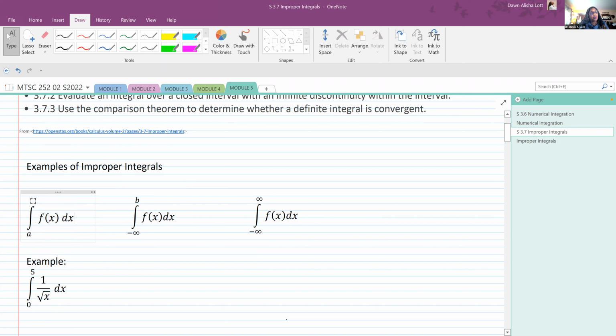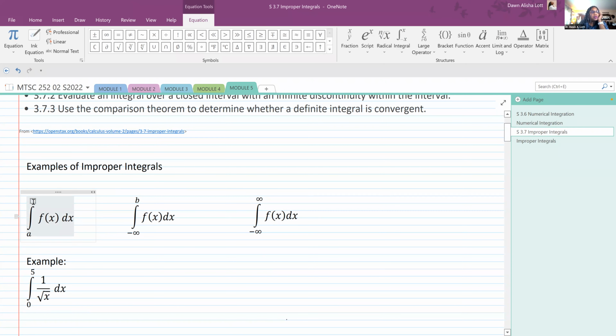Okay, so the integral from a to infinity, that is an improper integral. The integral from minus infinity to b, again, improper because I cannot put negative infinity into the evaluation of the function. And then negative infinity to positive infinity, same problem.